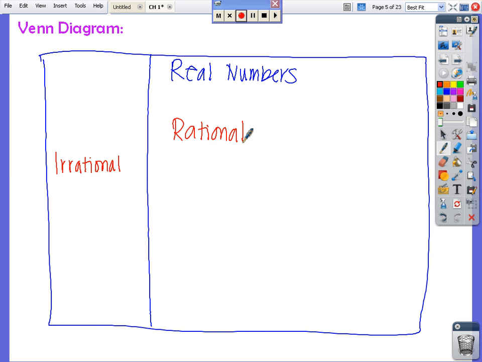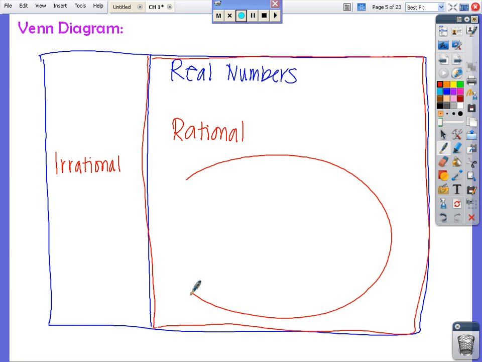Now, within our rational numbers, which is this entire box to the right, we have inside of the rational numbers this group of numbers that are called our integers.